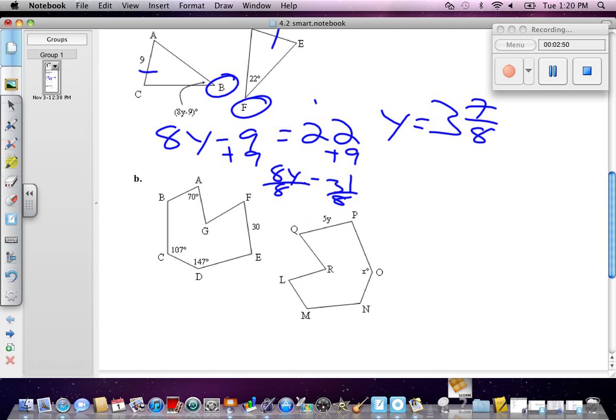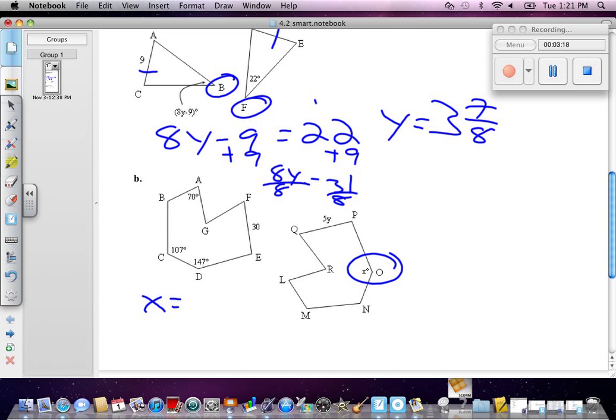So these two shapes are congruent to each other. I'm going to look for X first, because that's probably the easiest. Which angle goes with this angle? So if we turn it, sometimes I look at QR, I know it's the same as FG. So if QR goes to FG, then FE goes to QP, then PO goes to ED.